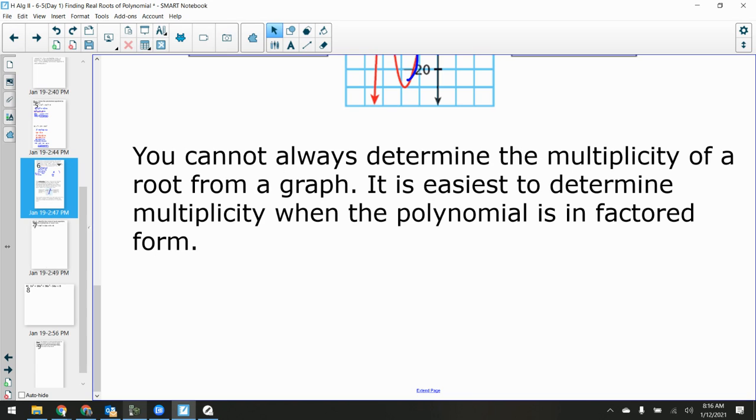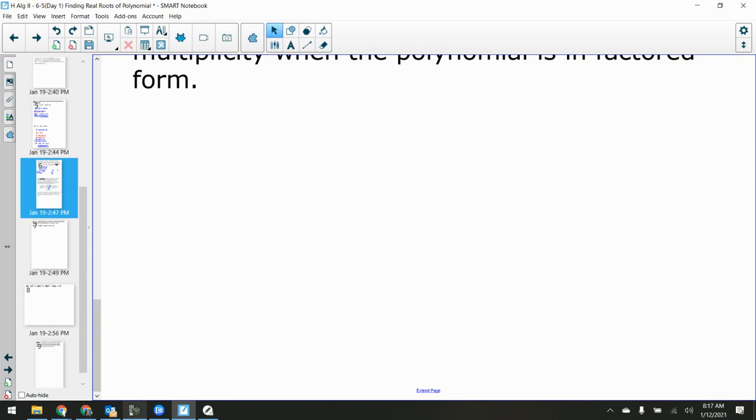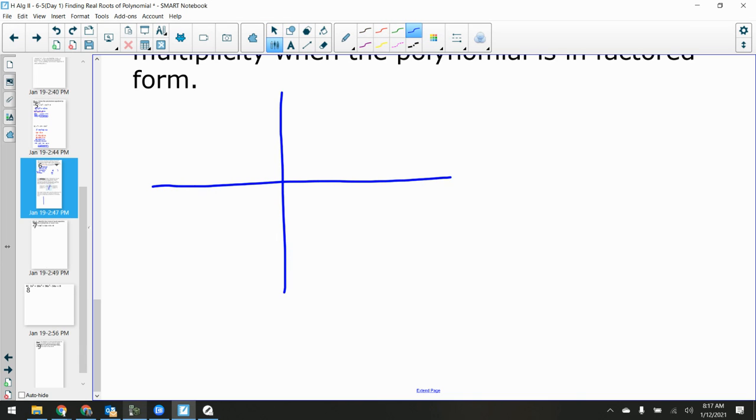If I started by looking at the graph, and I gave you a graph that looks something like this, a function that bounces here, bends through, and then bounces. Let's pretend it actually bounces over there.